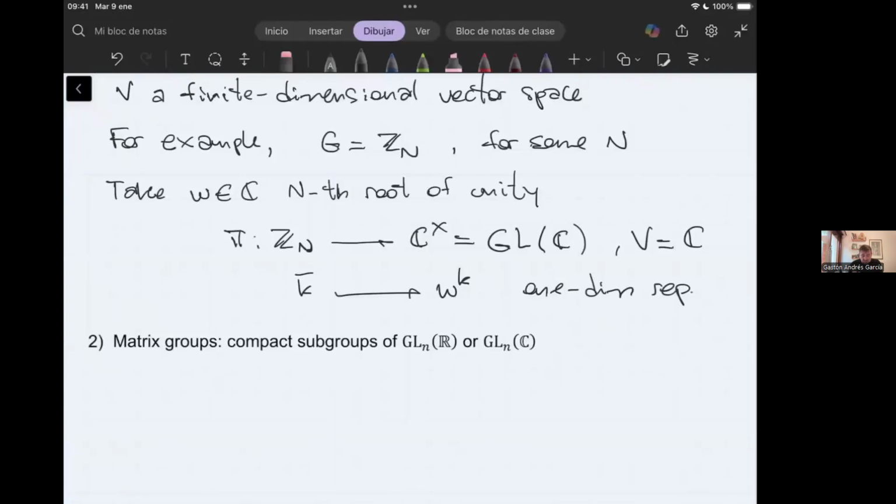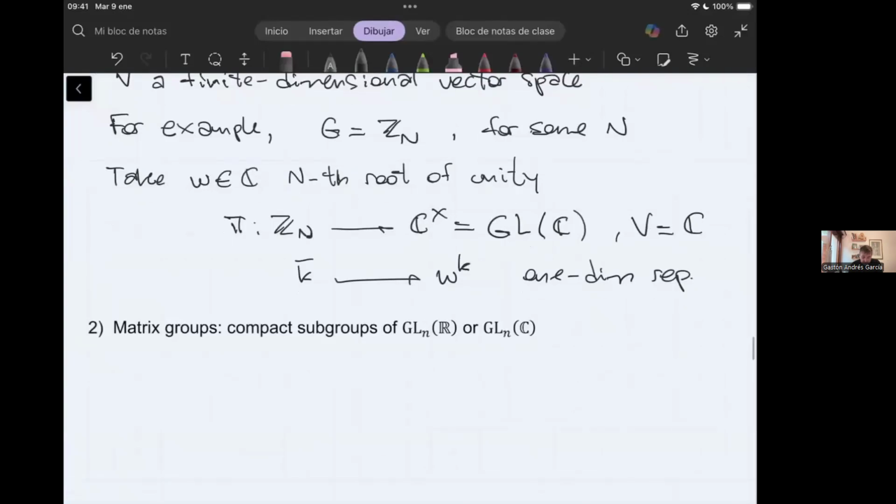So in this case, it is enough to understand these representations to understand the whole group. The idea is that we look at representations that are easy to describe in order to understand the whole structure of the group. If we understand these representations, we understand any representation of the group.